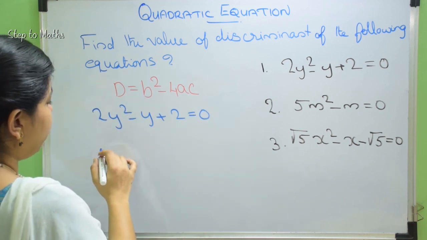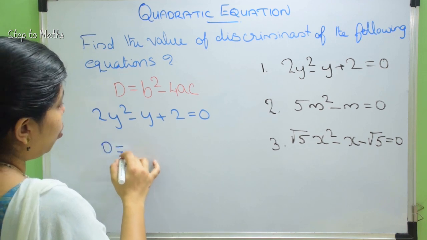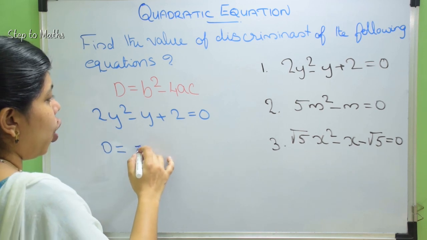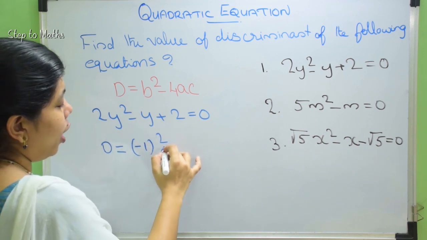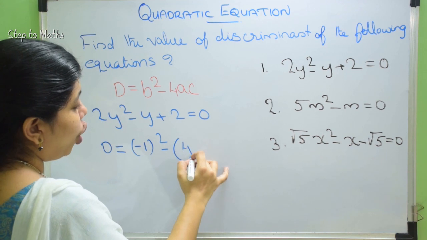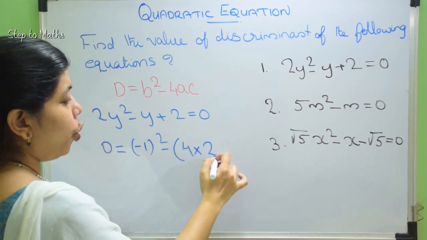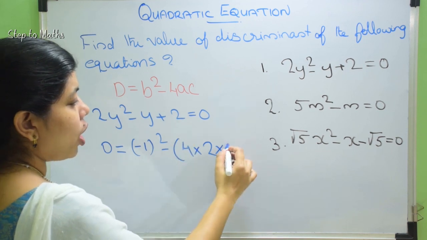Find out the value of D equal to b square. Here b is minus 1. Minus 1 square minus 4 into a. a is 2. c is 2.